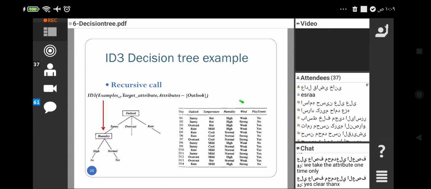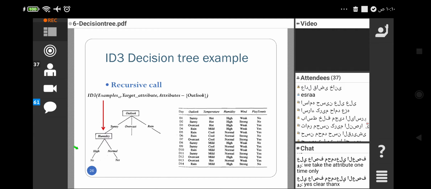You see in the data, high, normal. These are the two values we have for the feature humidity. And these two values we put in the branches of the tree. So we come here into this situation.